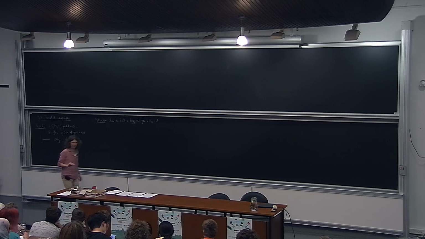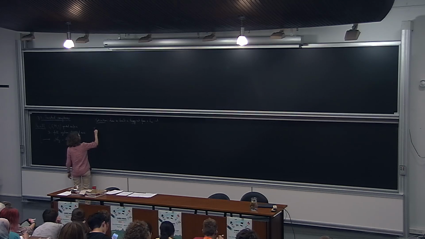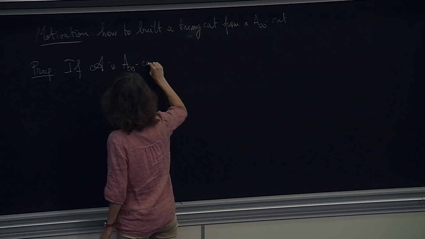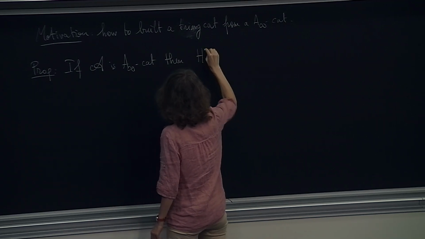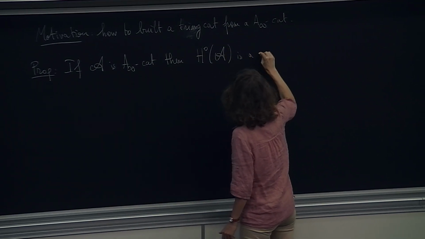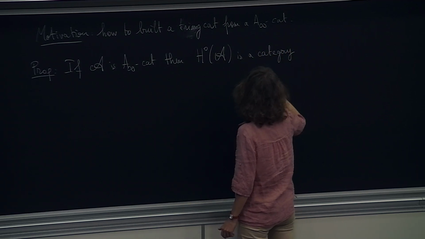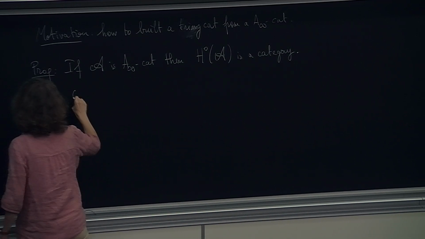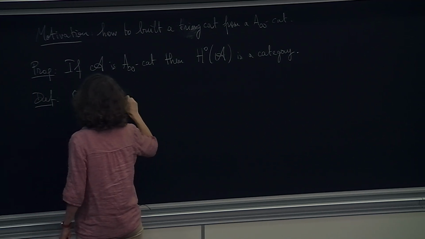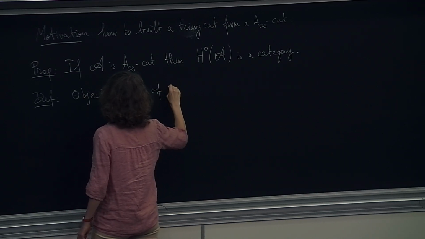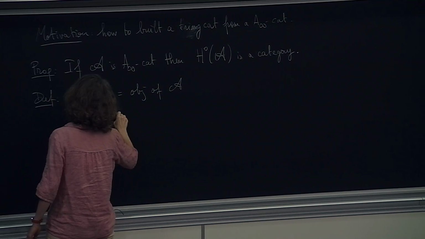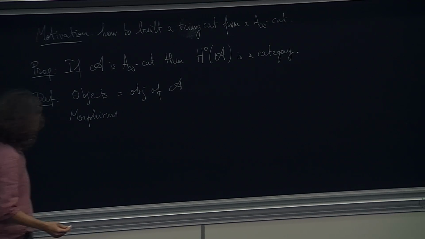So already it starts to become difficult, but it's very easy to check that if A is A infinity, then I could define a category, H0 of A. So I should define what I mean by H0 of A. By definition, the objects are the same, and the morphisms are given by the cohomology of each morphism complex.